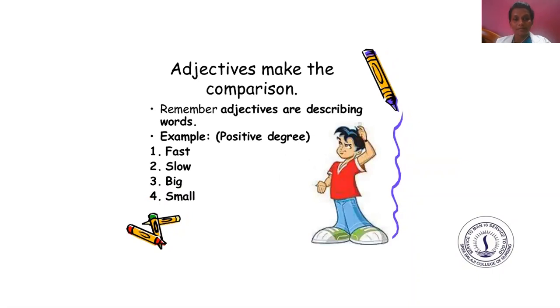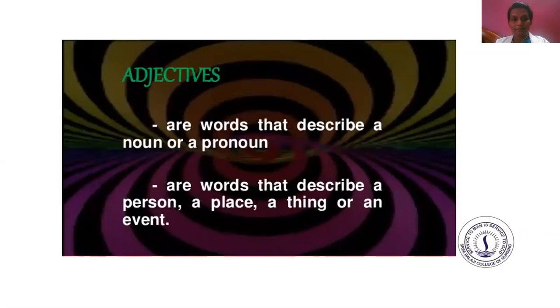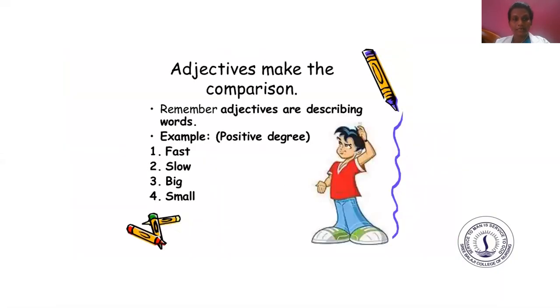Adjectives make the comparison. Examples of positive degree adjectives are fast, slow, big, and small. And we've seen some other adjectives: long, quiet, expensive, and young. So these are examples of positive degree comparison.